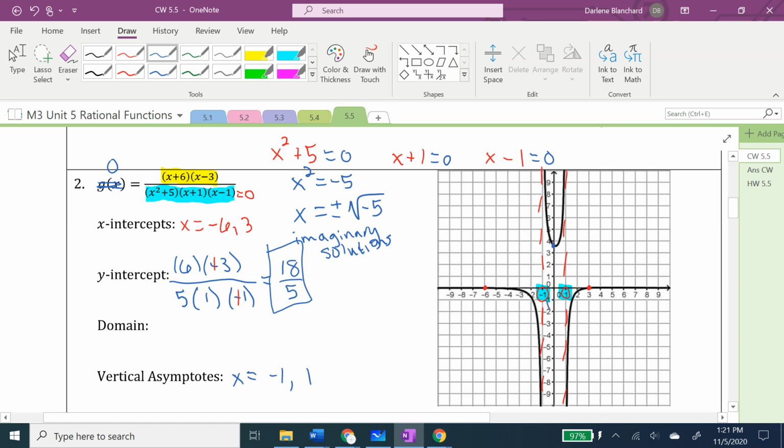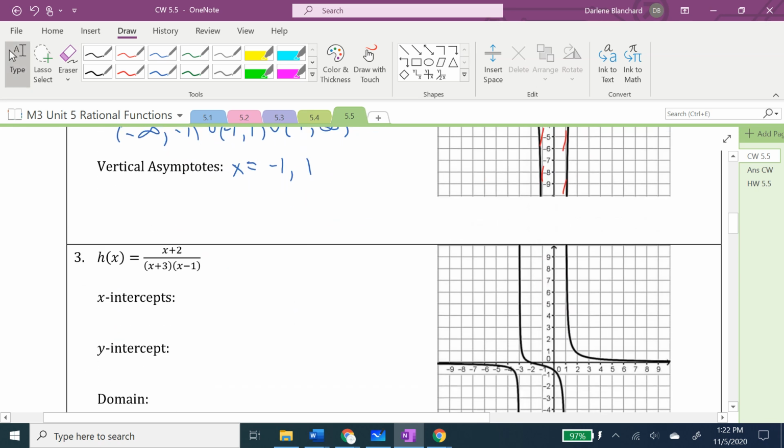These are the x-coordinates that my domain has to miss, because I cannot plug those numbers into this fraction. I will get a divide by 0. So my domain is -infinity to -1, and then -1 to 1, and then 1 to infinity.